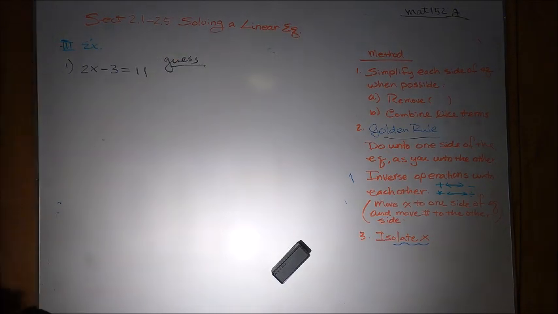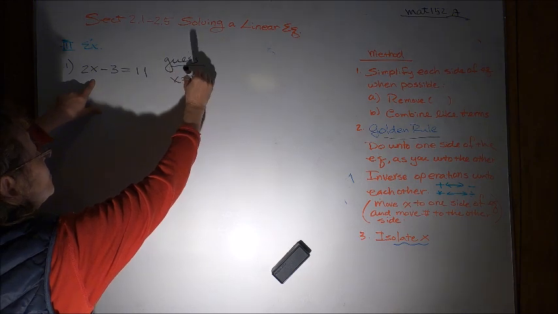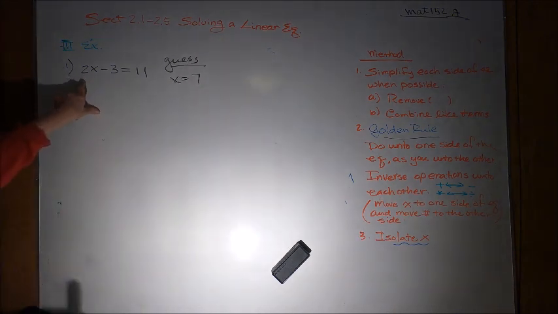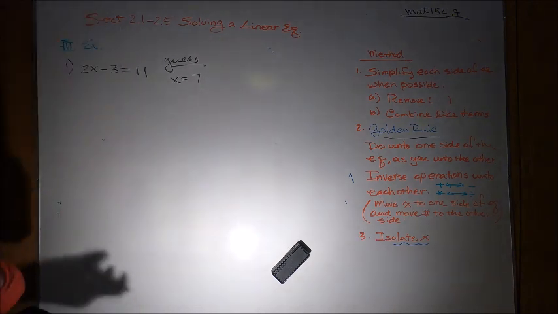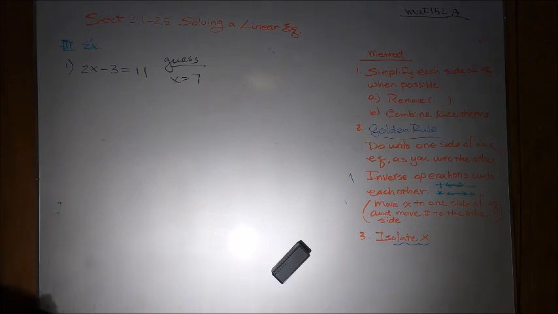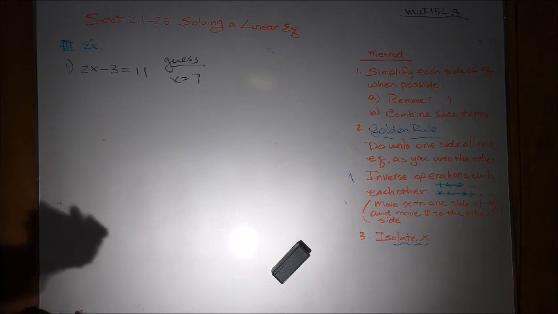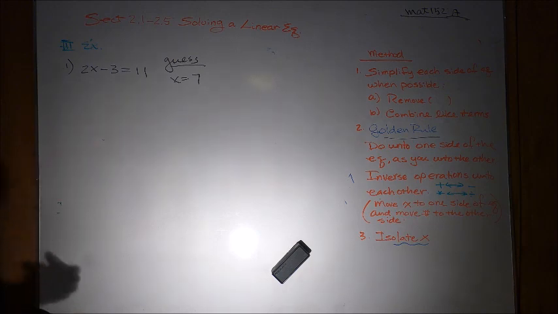Not that obvious, right? But let's see. If x is 7, would that work? 7 times 2 is 14. 14 minus 3 is 11, right? That will work. A simple one you can guess, but a complicated one will not be so easy. So we want to do it systematically, okay?